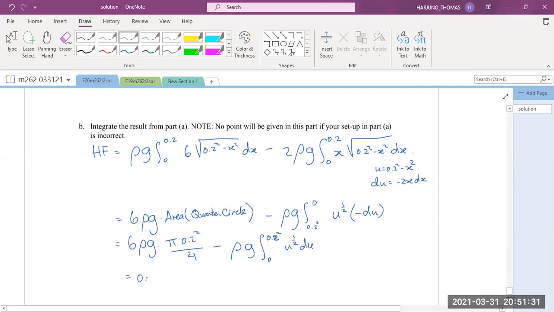This will be 0.06 rho g pi minus rho g times 2 over 3 u to the power of 3/2 from 0 to 0.2 squared.